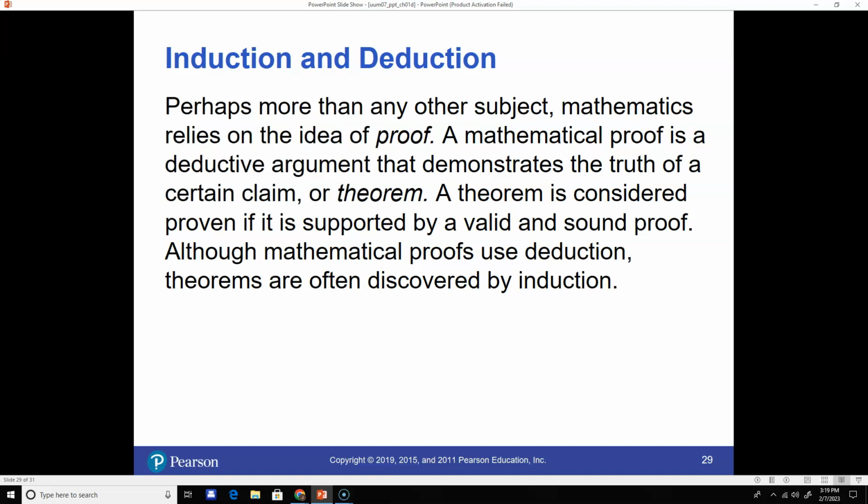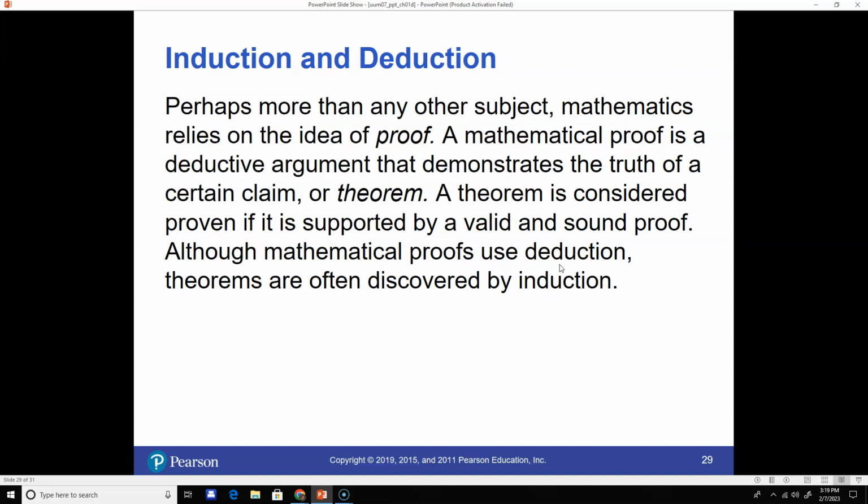Sometimes a lemma is a statement used to prove something more important. So sometimes lemmas are used to prove theorems, but basically all of them are just claims that we try to prove with a bunch of mathematical statements. So a theorem is considered proven if it's supported by a valid and sound proof.